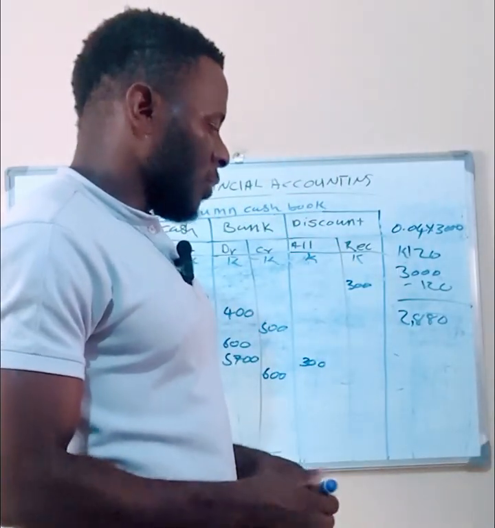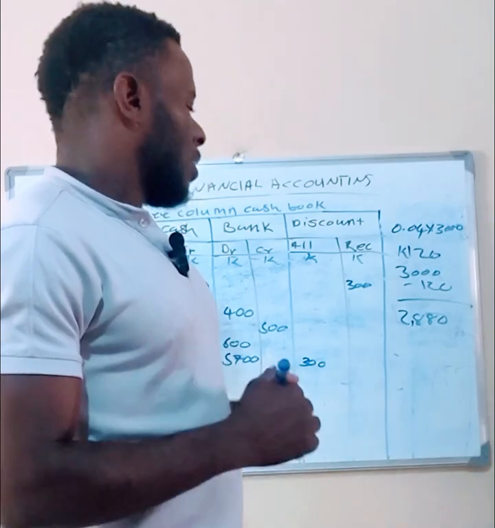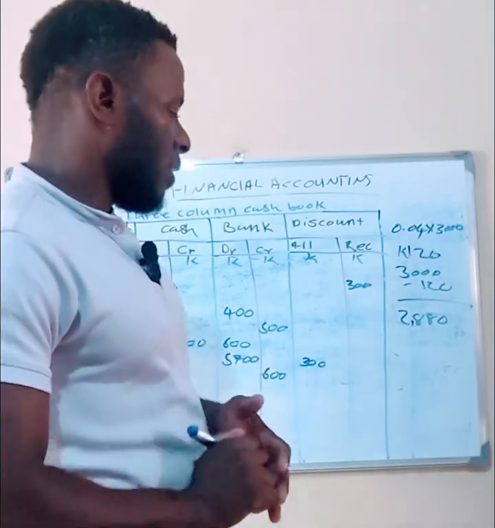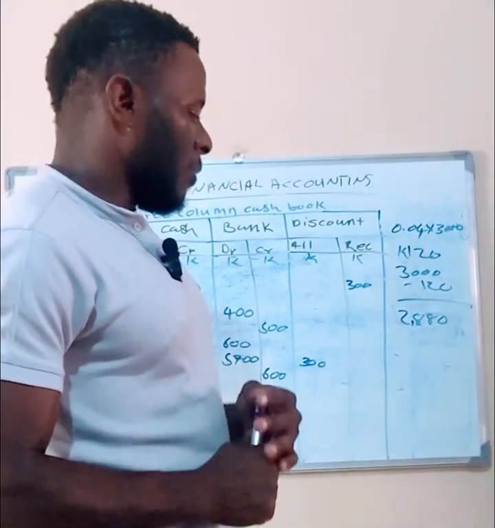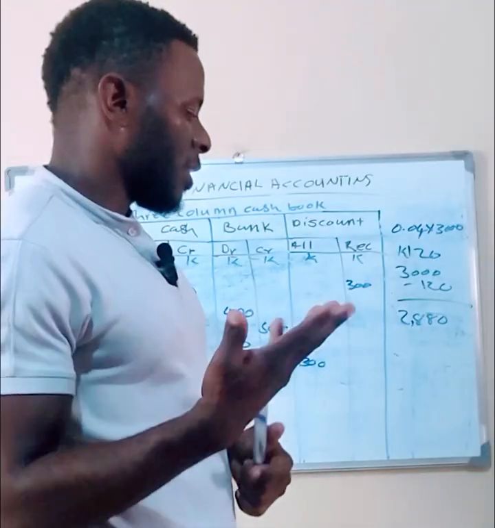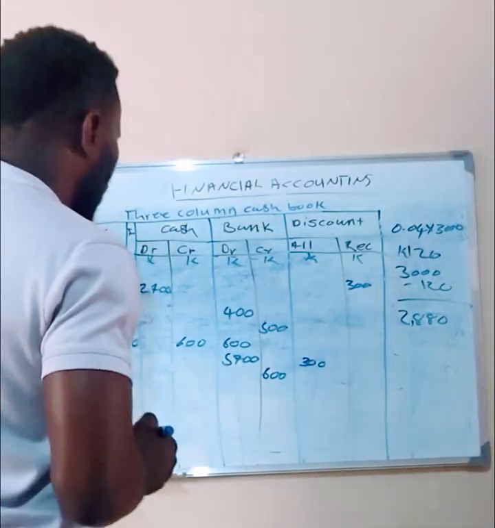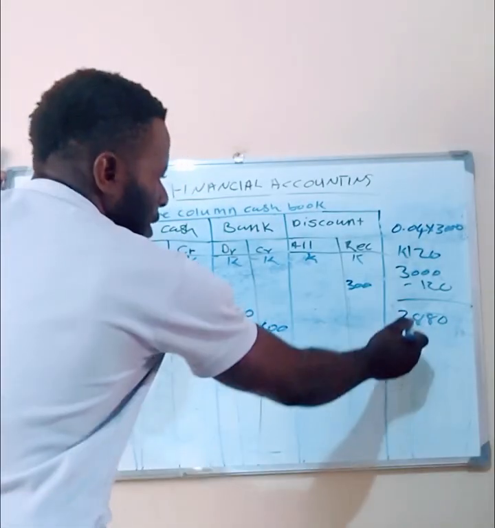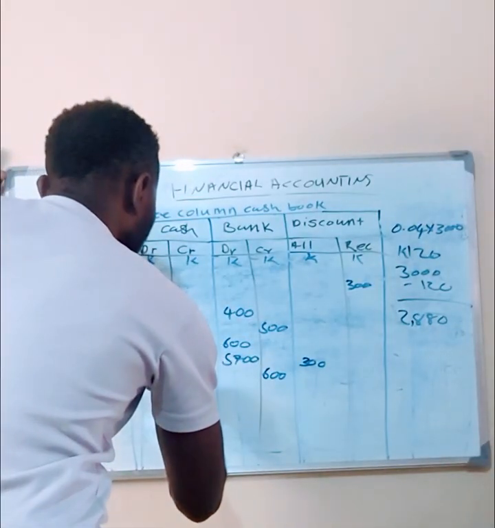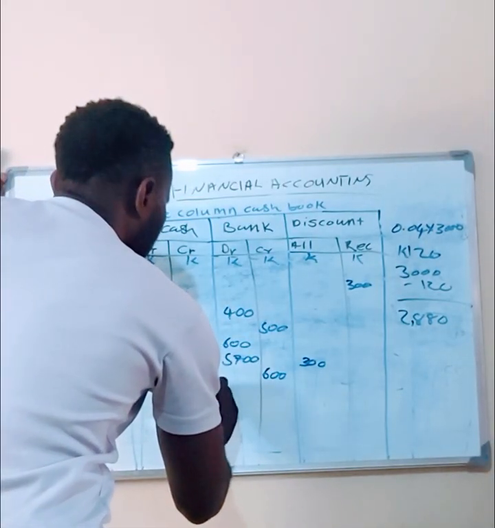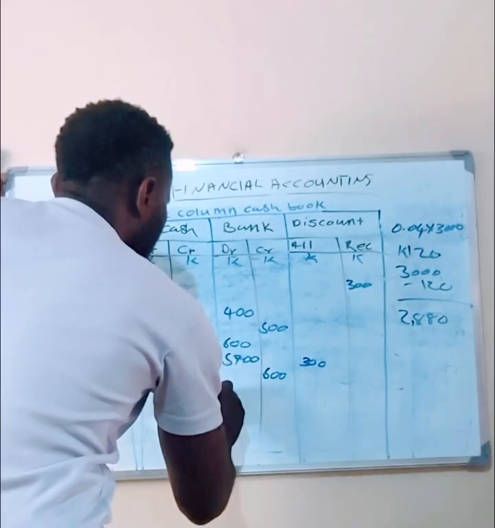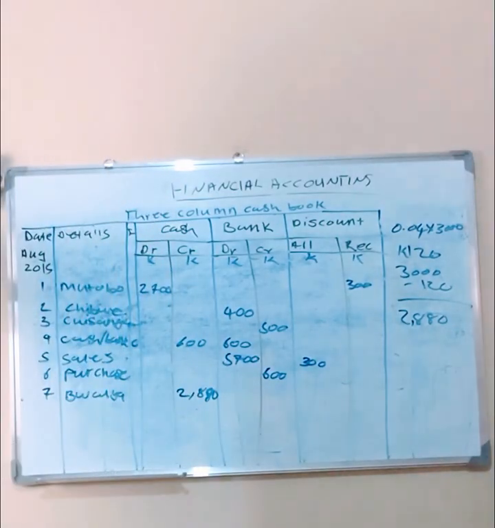What do we do with the receiver? We debit. And the opposite, cash was going out of the business, so we credit. We're going to credit cash by this amount, 2,880.